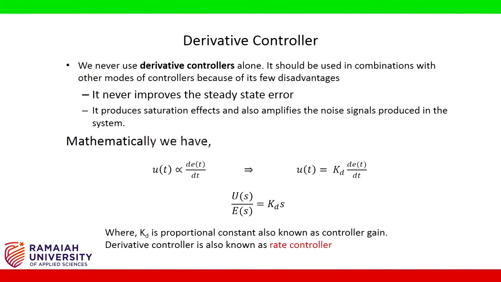Mathematically, we have U(t) proportional to dE(t)/dt, that is, U(t) is equal to K_d dE(t)/dt. In Laplace transformed quantities, U(s) divided by E(s) is equal to K_d times s, where K_d is a proportional constant, also known as controller gain.